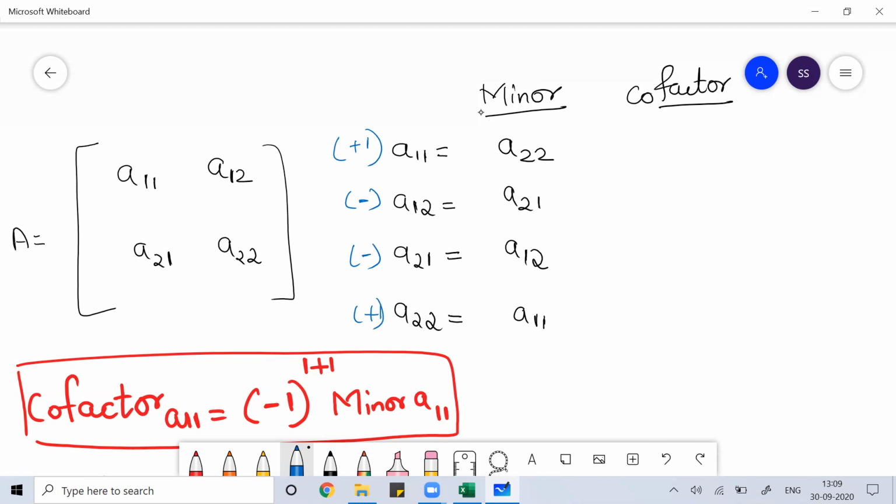So the cofactor of a11 is a22. The cofactor of a12 is minus a21. The cofactor of a21 is minus a12, and the cofactor of a22 is a11. Very simple.